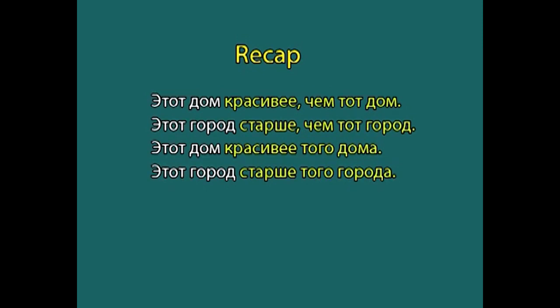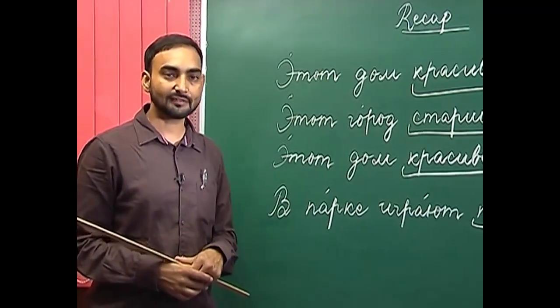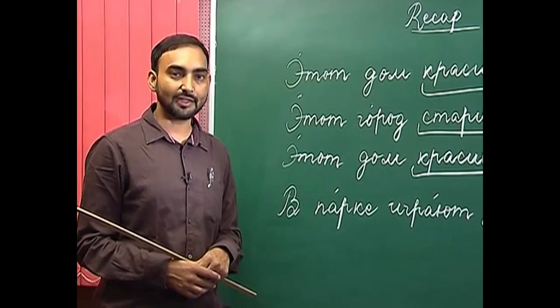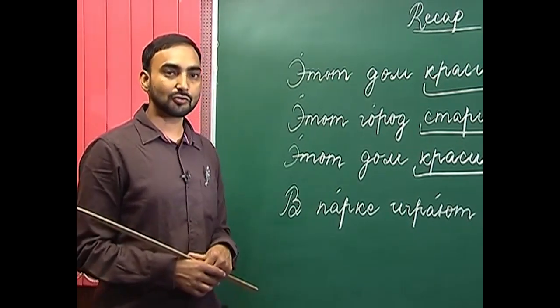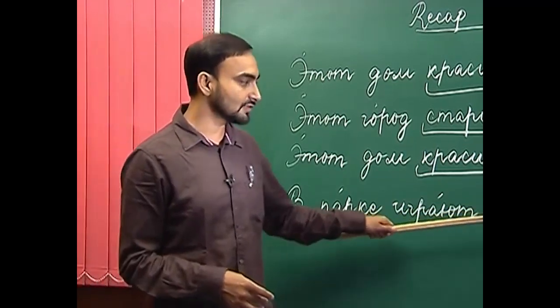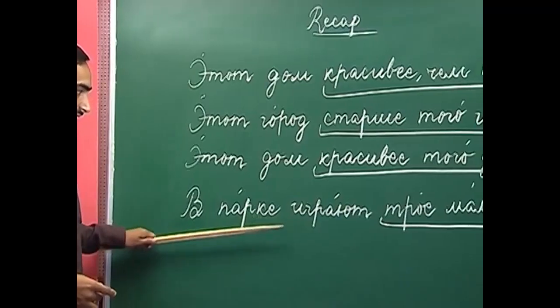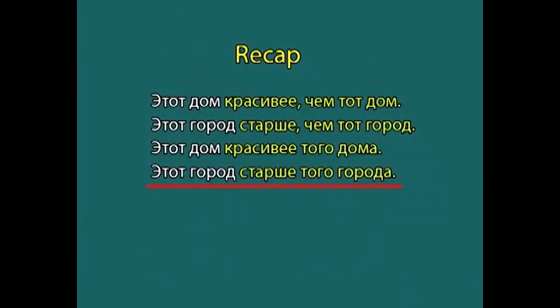The other topic we had discussed in the previous lesson was the collective numerals. We have discussed how we define the collective numerals, what they denote, and how we use them in a sentence. So, here I have written an example, в парке играют трое мальчиков.